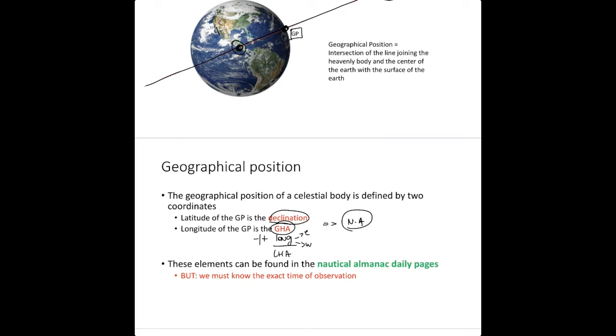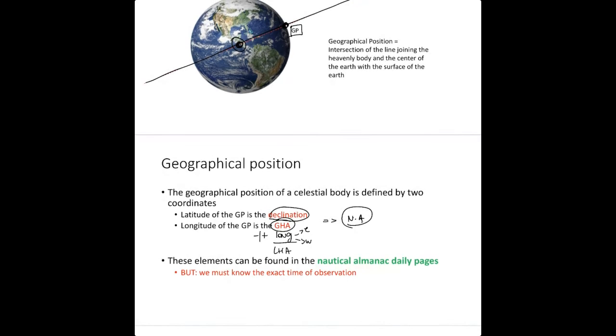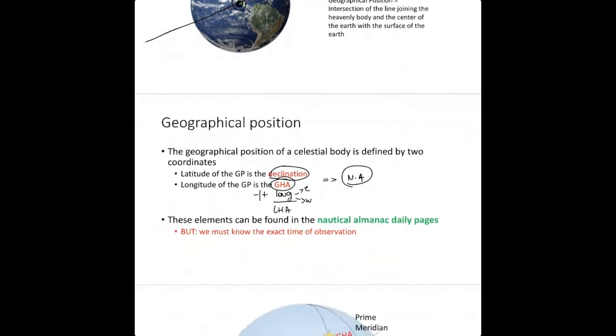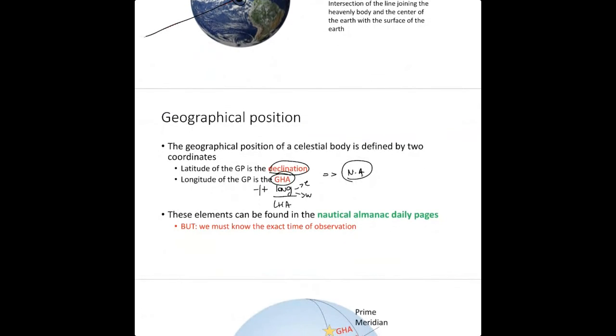Okay, so you know that all these elements can be found in the nautical almanac on the daily pages, but a very important thing, that you already know as well, is you must know the exact time of observation.